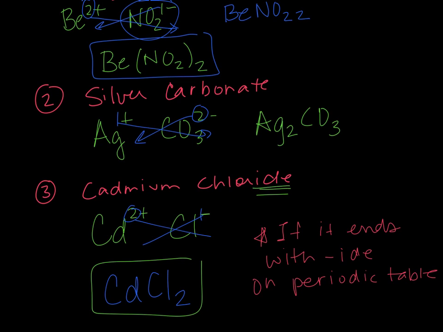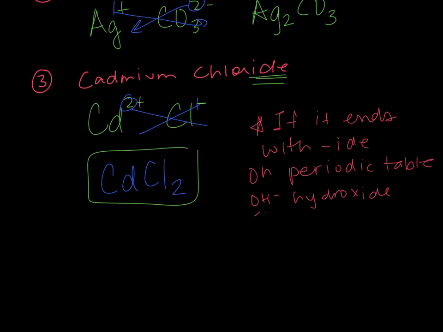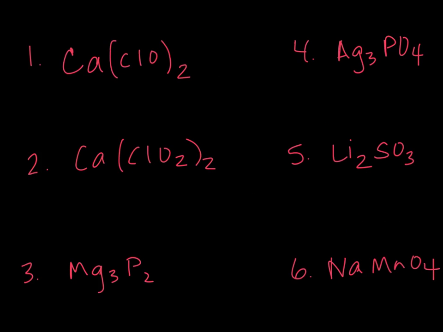Okay, the only exceptions to that are OH, which is hydroxide, and CN, which is cyanide. Those are the only 2 that end with "ide" that are polyatomic ions. All right, let's do a couple more examples and then we'll be finished.